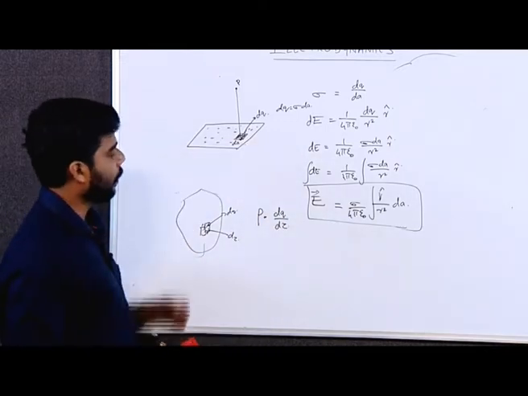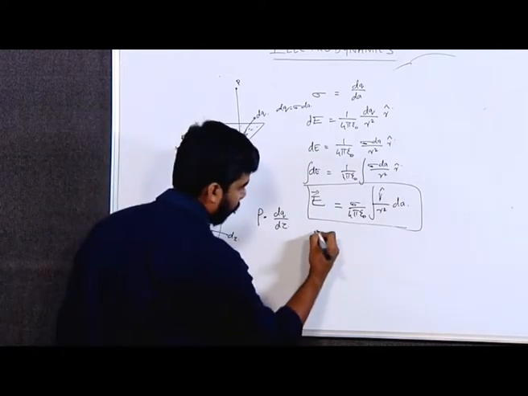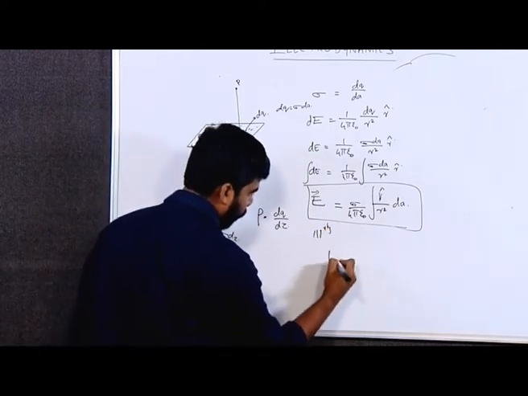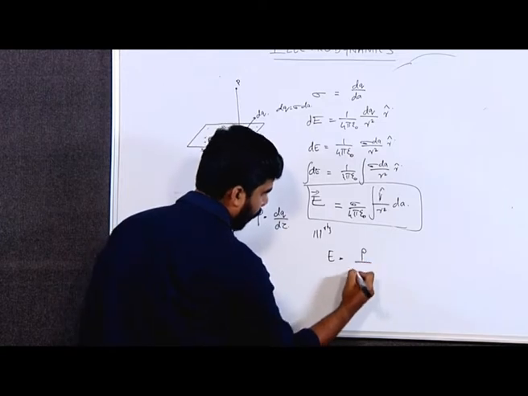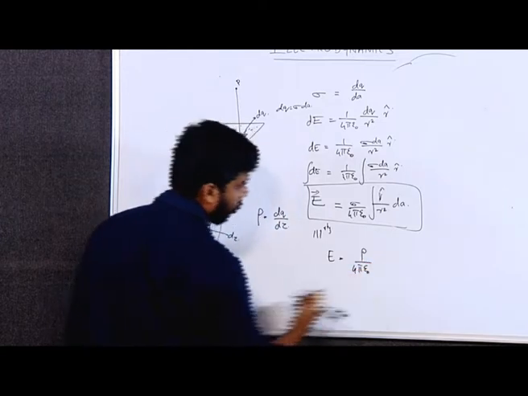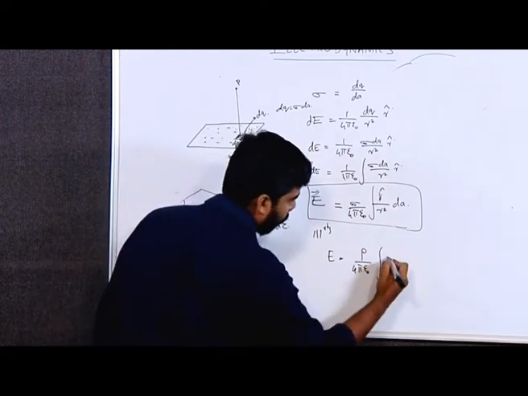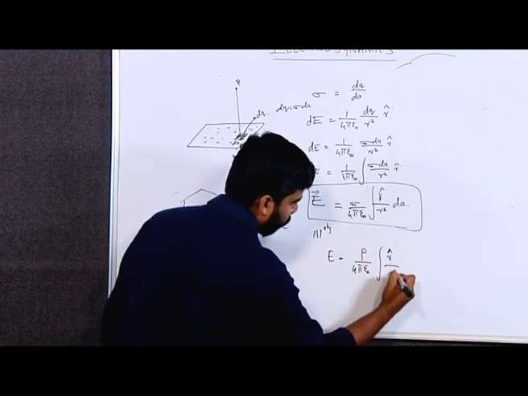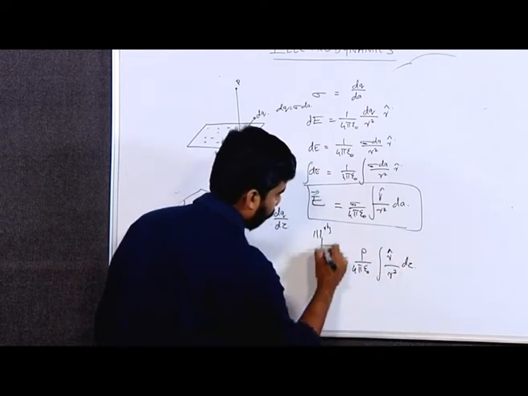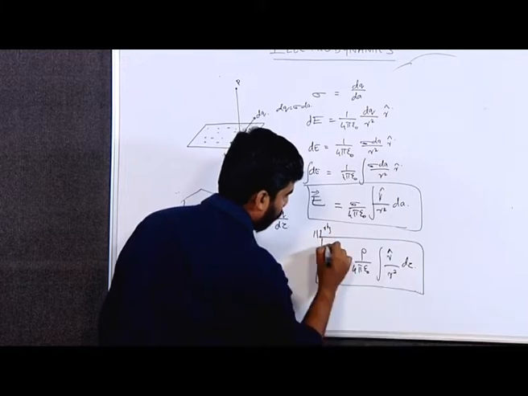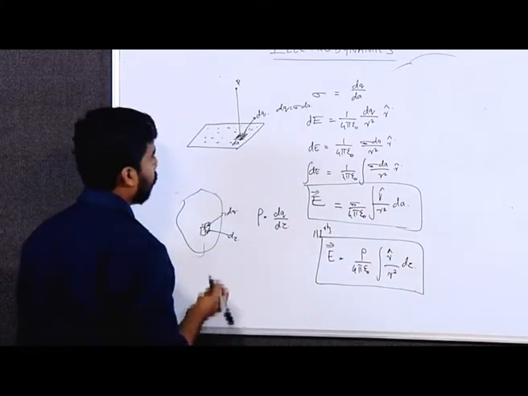Just like the small elementary area, similarly the equation for electric field will become rho by 4 pi epsilon 0 into integral r cap by r square d tau. This is the equation for the volume charge distribution.